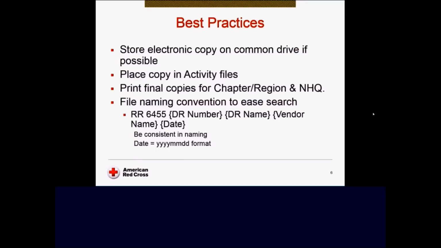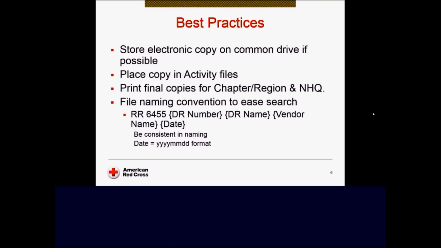What that does is allow you to pass on any capacity building that you've done during the DRO. If during the DRO you found additional vendors that they can use on the next DRO for that chapter or region, then you have a record already established as to what they've done and how they used them on a DRO in the past.